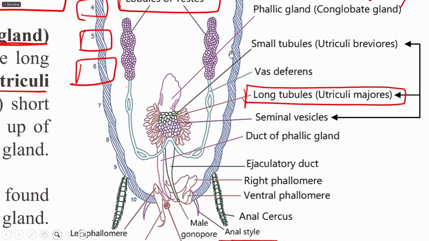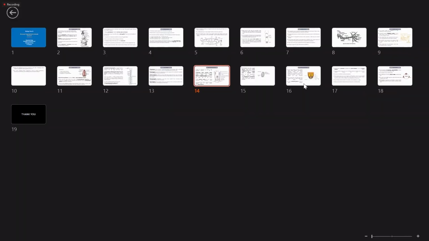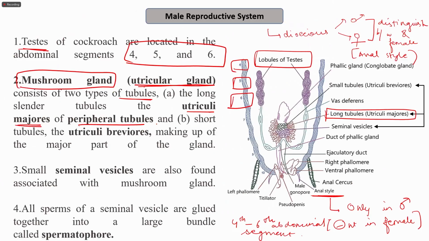Then there are smaller, shorter tubules, which are utriculi brevis. And we can also see a seminal vesicle present here.